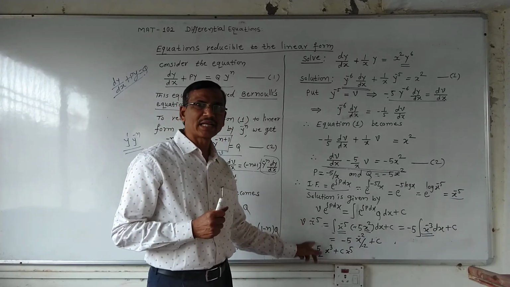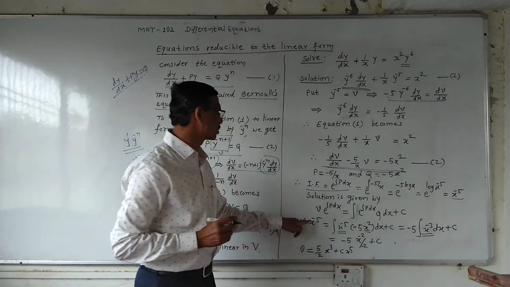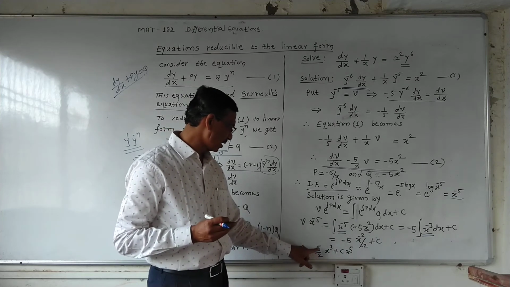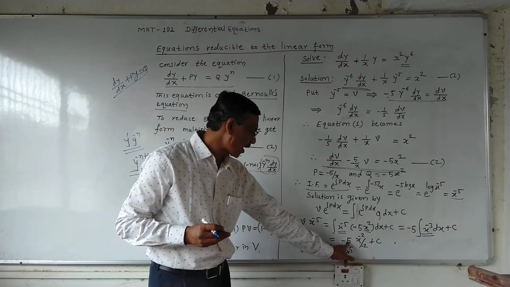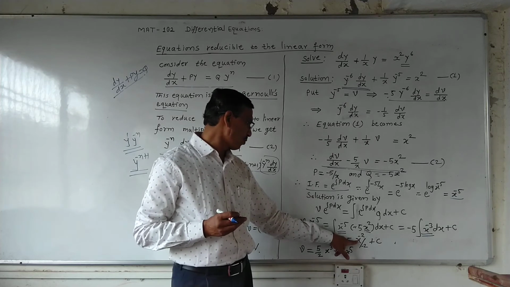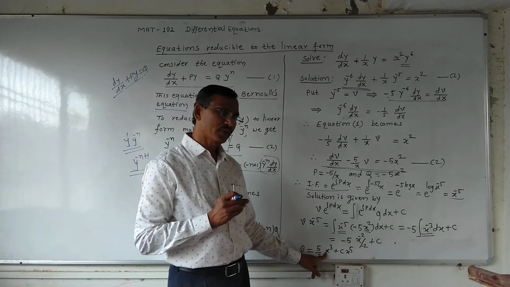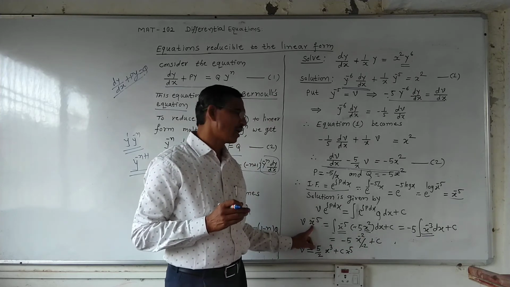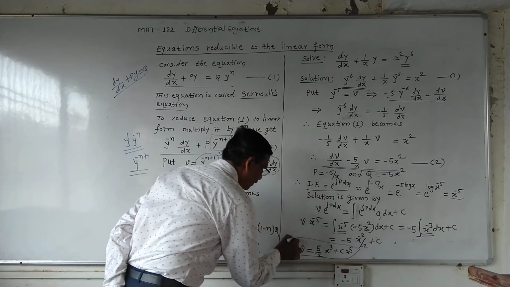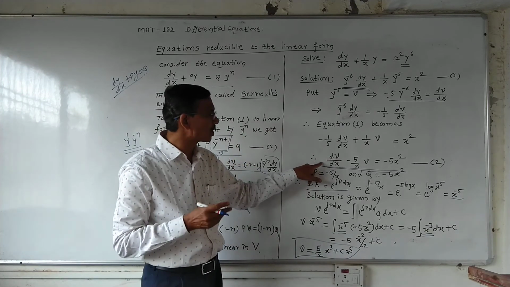And then transferring this x raised to minus 5 to the right side, that means multiplying both sides by x raised to 5, it will become v is equal to, this will get cancelled. This can be done as minus 5 divided by minus 2 is 5 by 2 into x raised to minus 2, and on the right side x raised to 5, that is x raised to 3, plus c into x raised to 5. Now this is the solution of equation 2, the linear equation.